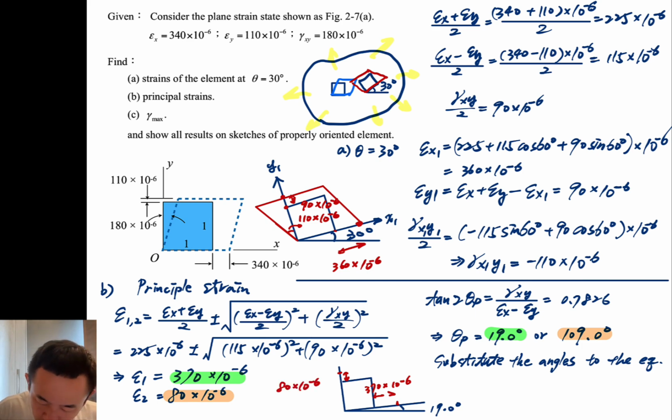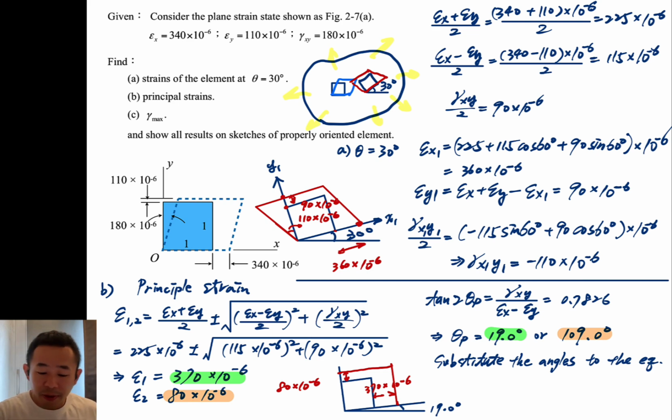So you can connect this line. Okay, that's it. So this is the strain element after the principal strain, the principal strain orientation. All right, so that's it.